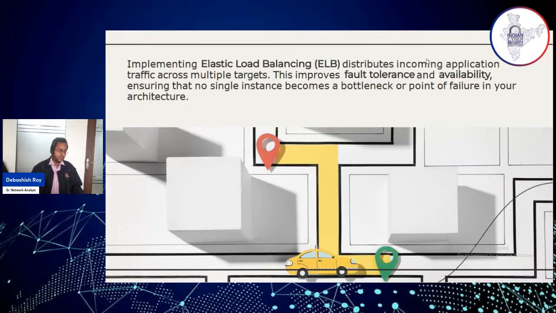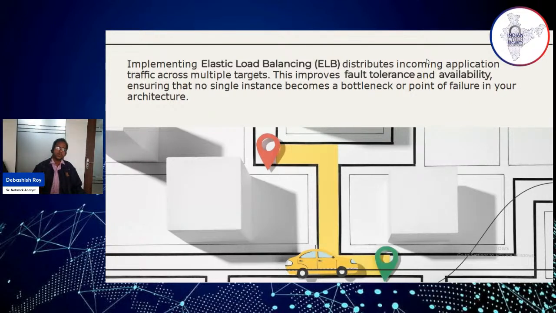Again, you can implement the Elastic Load Balancing (ELB) feature also, that distributes incoming application traffic across multiple targets. Targets are the EC2 instances. So when the traffic is coming from outside, it is hitting the load balancer, and the load balancer is attached to the VPC, the virtual private cloud, and the load balancer is distributing the traffic across the multiple target instances.